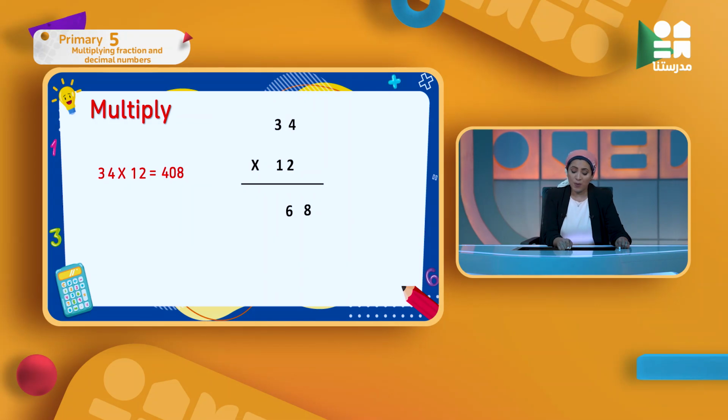Now I need to multiply the 1 in the number 12 with 34. But we have to remember a very important thing at this point. This 1 is not 1, it's 10. 12 is 10 plus 2.